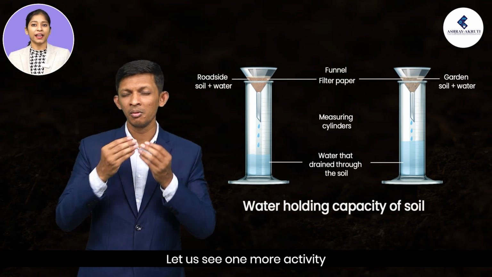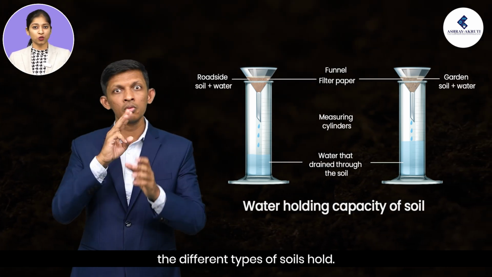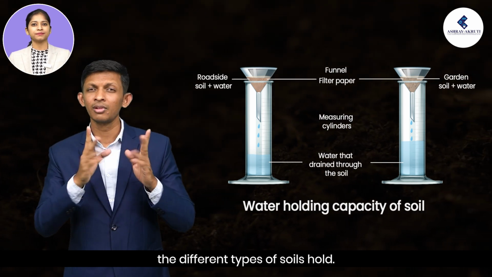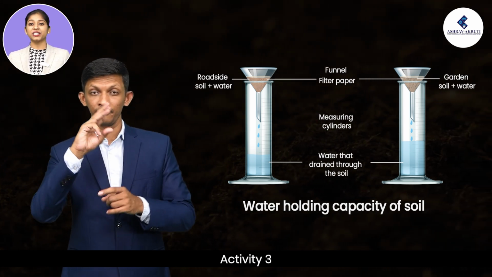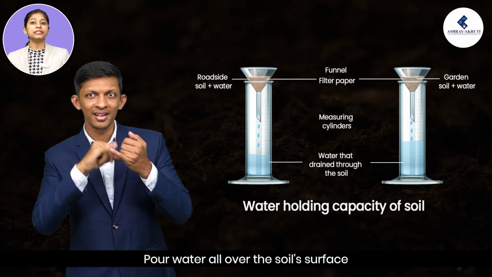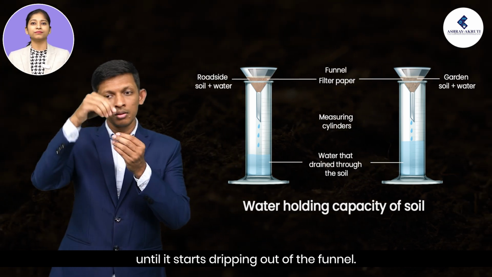Let us see one more activity to see the amount of water the different types of soil hold. Activity 3. Pour water all over the soil surface until it starts dripping out of the funnel.